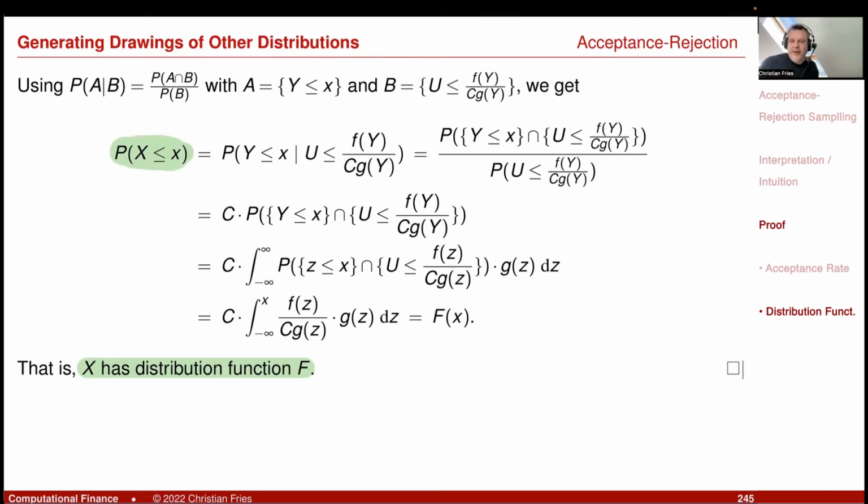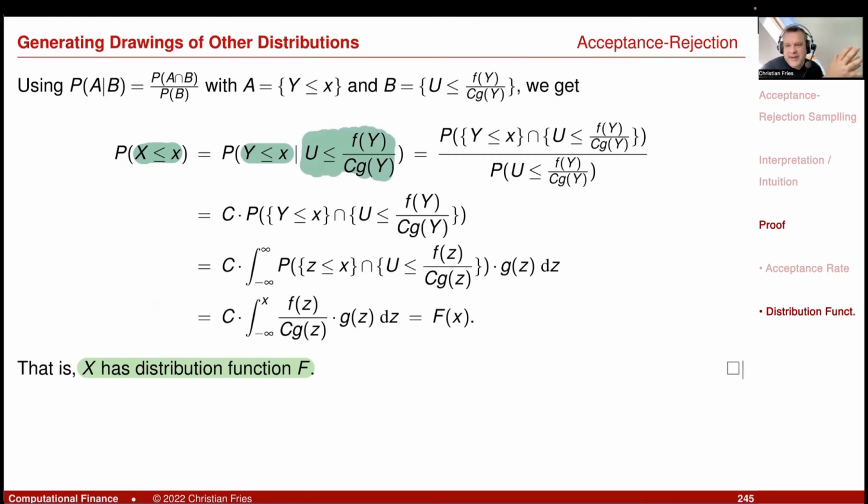Plug in now the definition of how we generate the random variable x. The random variable x is generated by saying x is equal to y, but only if my acceptance criteria is fulfilled.